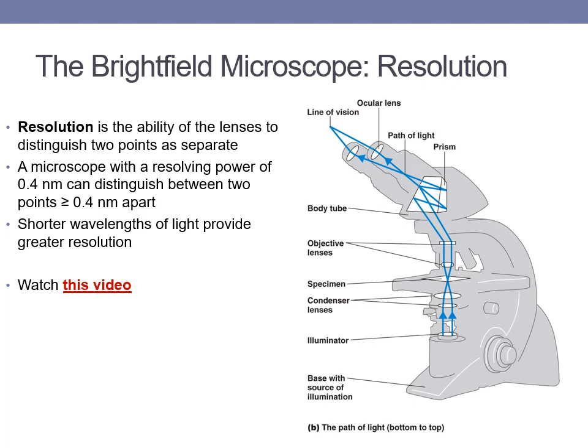For example, if a microscope has a resolving power of 0.4 nanometers, then it can distinguish 2 points as finely focused and separate if they are 0.4 nanometers apart or more. If the points are closer together than 0.4 nanometers, they cannot be viewed as separate and will appear as one blurry point. As the light leaves the specimen, it is refracted by the air.